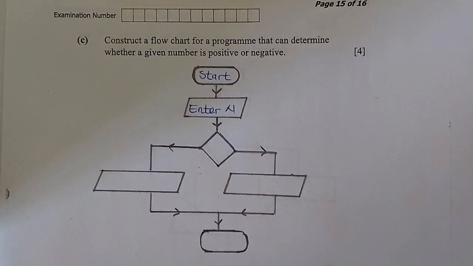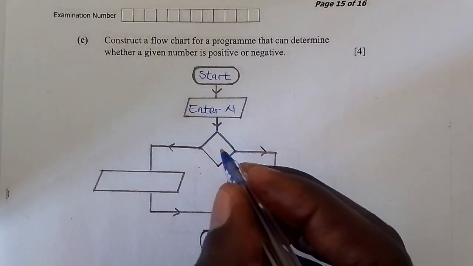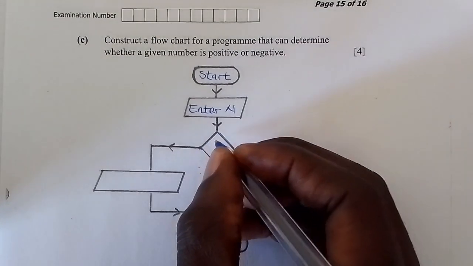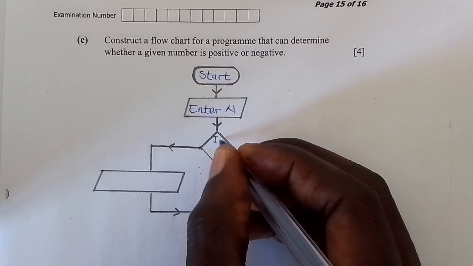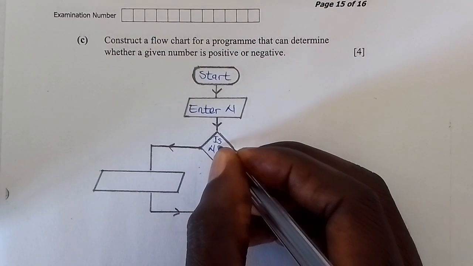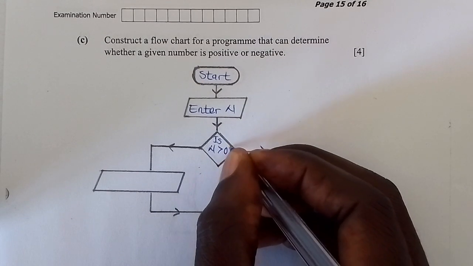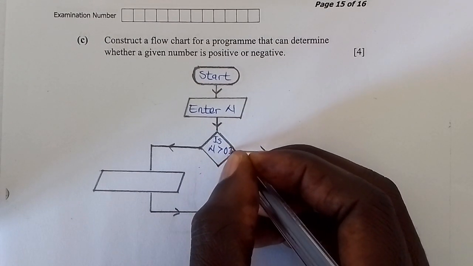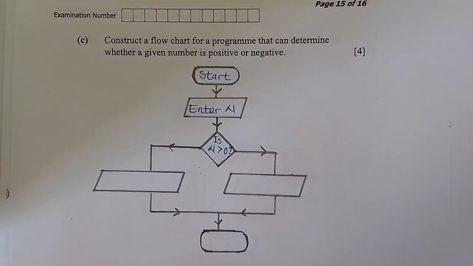And then this stage is a decision stage. So we're going to ask a question. Here we'll ask: is n greater than 0?